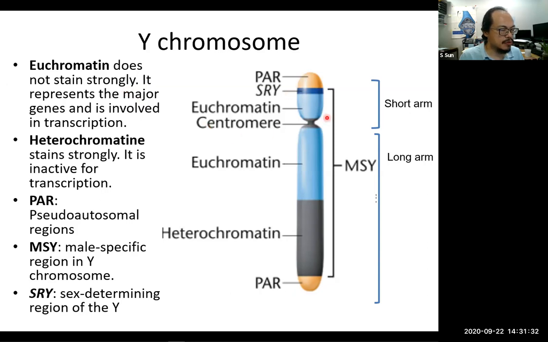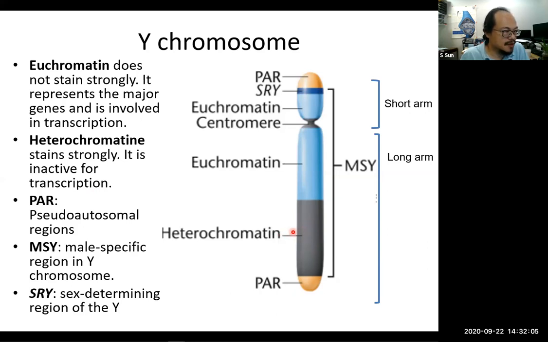This portion represents the protein-encoding genes. In contrast, the portion that stains strongly with histology staining is called heterochromatin, and that represents the region that is not very active for transcription, so it doesn't provide protein-encoding genes.